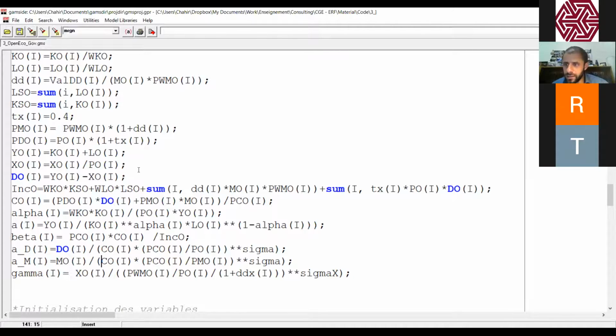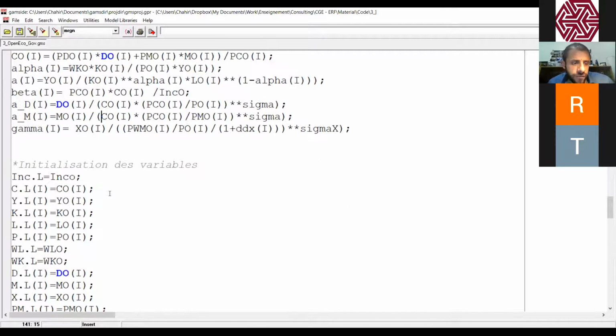Anything that's not clear in this calibration process? No questions on the calibration, so we can move to the initialization of variables.